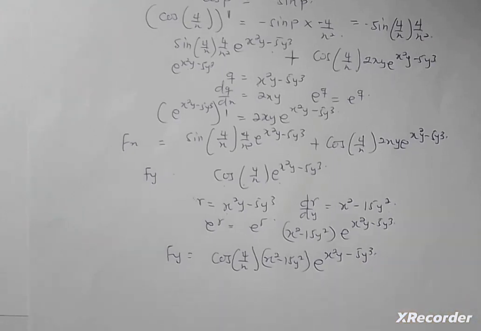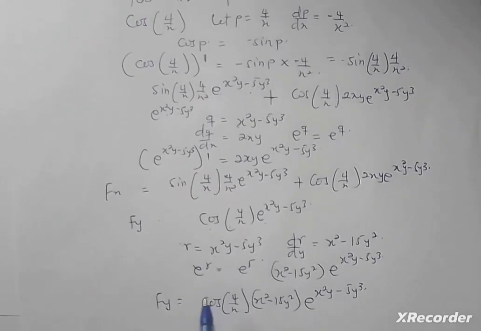As the question asked us to find the first order partial derivatives, meaning we have to differentiate once. So the partial derivatives are the fx and the fy, differentiated with respect to x and with respect to y. We did our fx here, and now this is our fy.